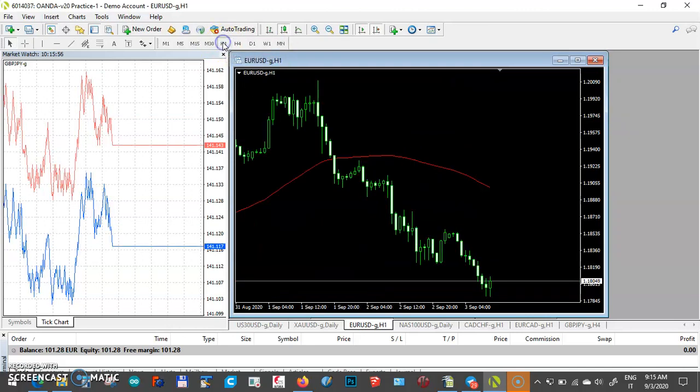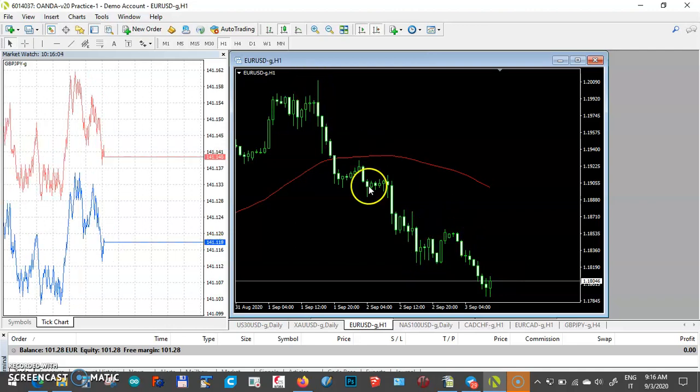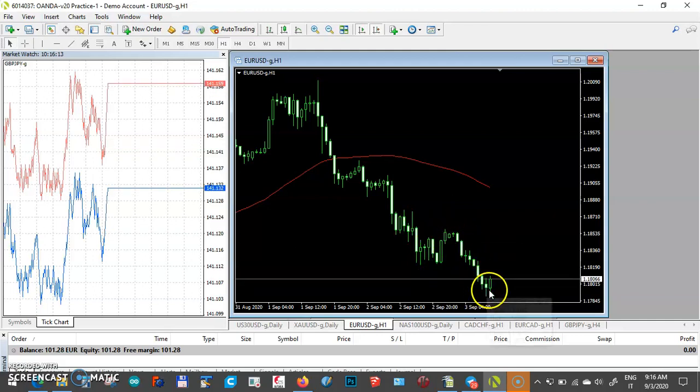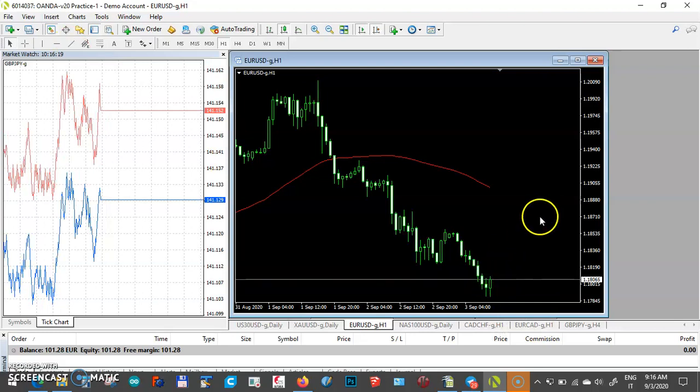And going to 1 hour, we can see that the market started to reject this downtrend, and they pushed down last time, and I think there could be a regaining of this level this morning.